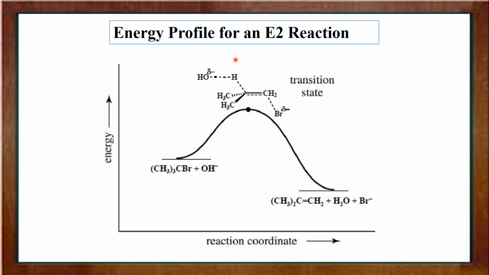So this is the transition state. From this, the beta hydrogen and bromine in the alpha carbon are eliminated, resulting in the formation of a new pi bond. So this reaction has comparatively smaller energy of activation when it is compared with the E1 reaction. Therefore, this reaction takes place at a lower temperature than the E1 elimination reaction.